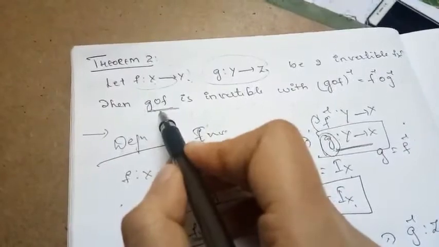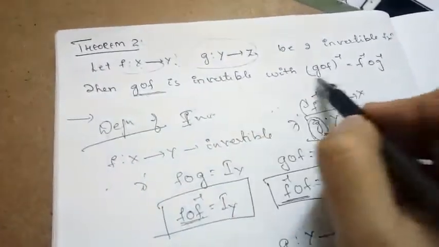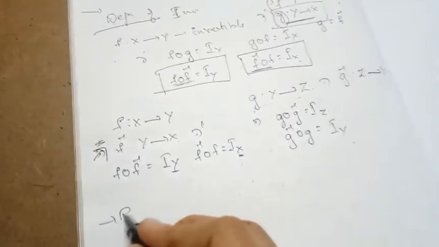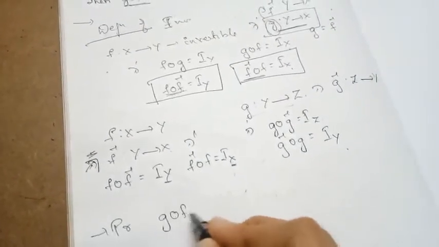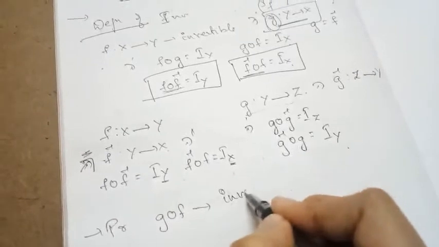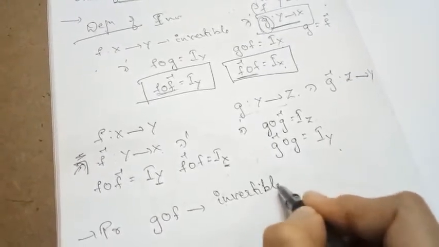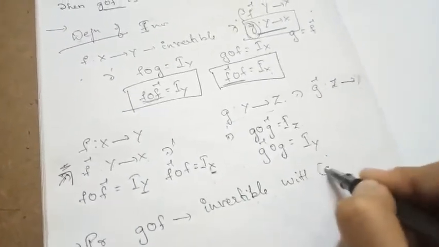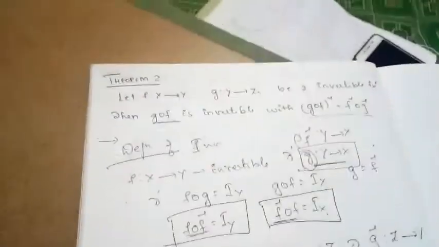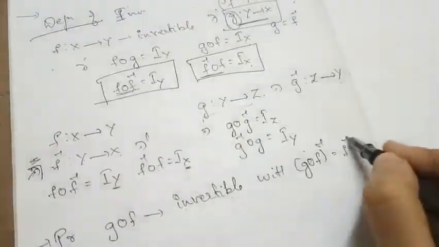Now what we need to prove is that g of f is also an invertible function, with (g of f) inverse equal to f inverse of g inverse.